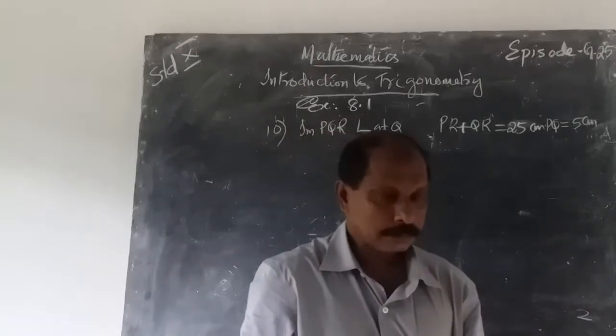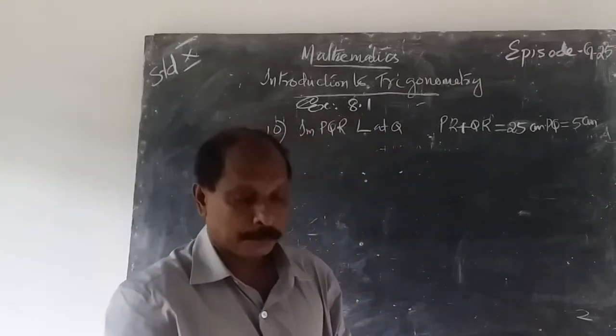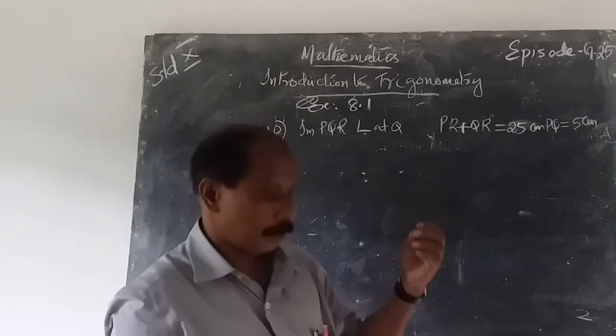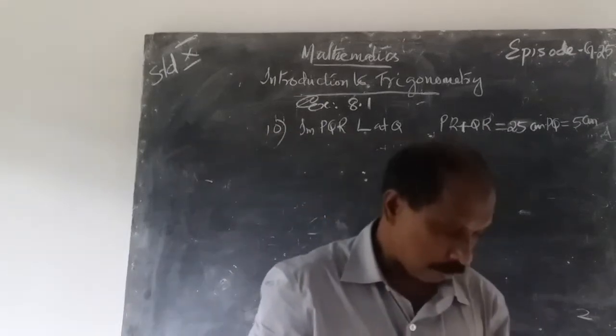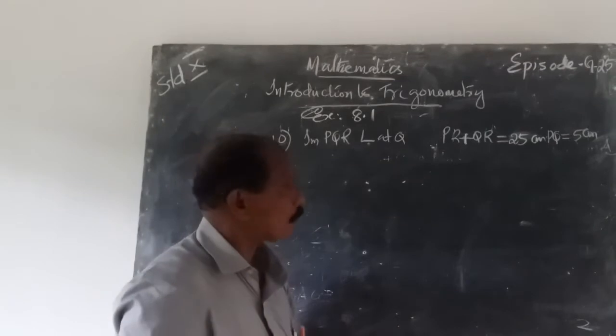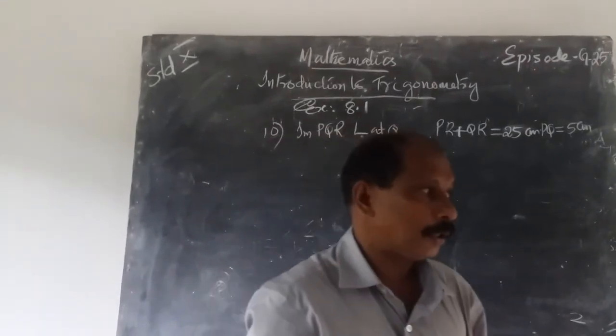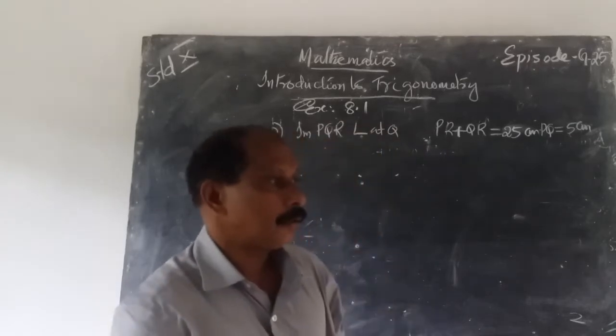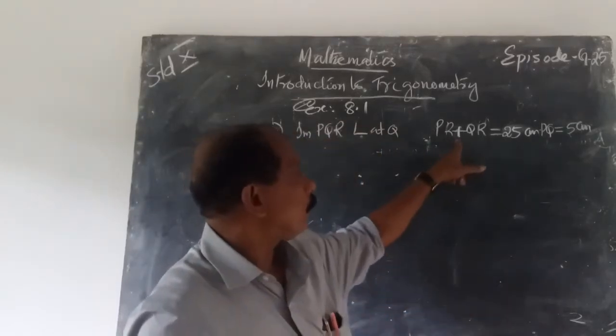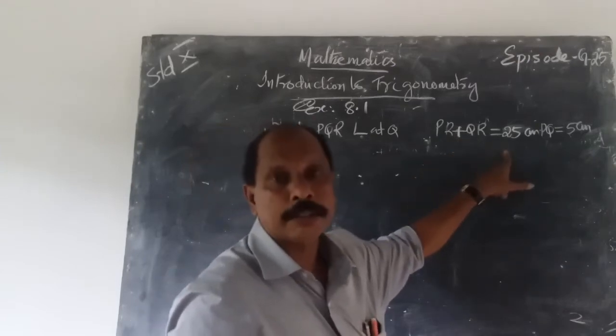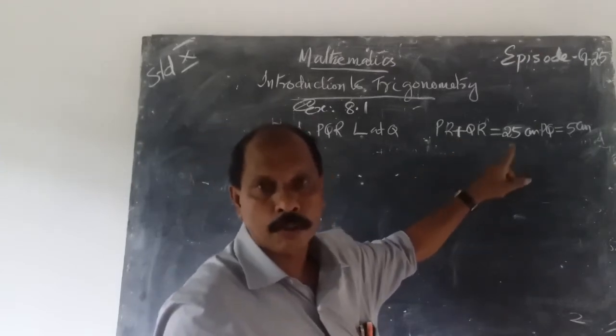Dear students, in the last episode, question number 10, there is a printing mistake in the text. It is written as PR minus QR is 2.5, but that is wrong.